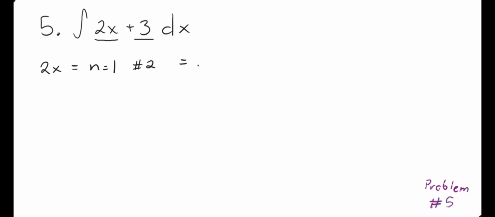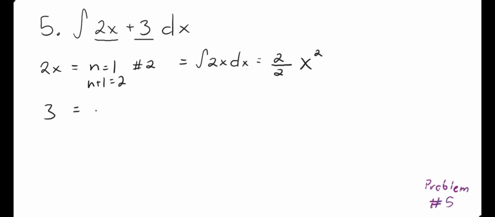So that means when we do the integral of 2x dx, we're going to get 2 over 2, because remember, we gotta do the plus 1 here, x to the 2. I'm only separating into chunks. I promise you there's a reason why I'm doing this. And then we got our 3.